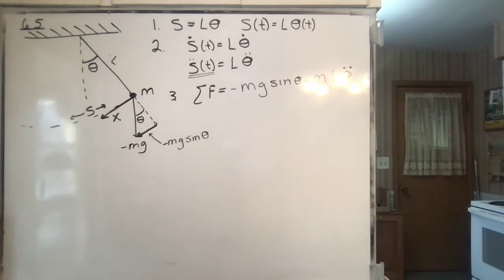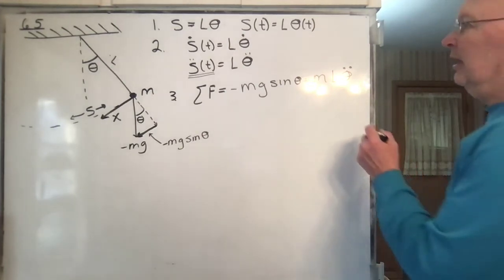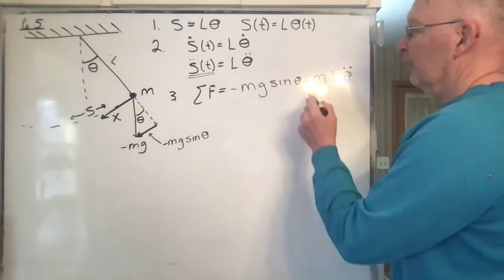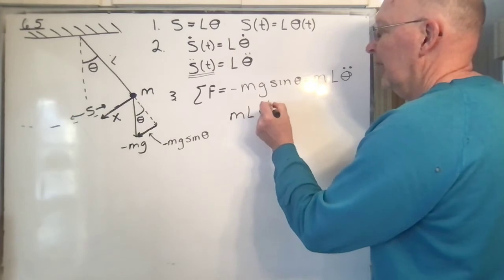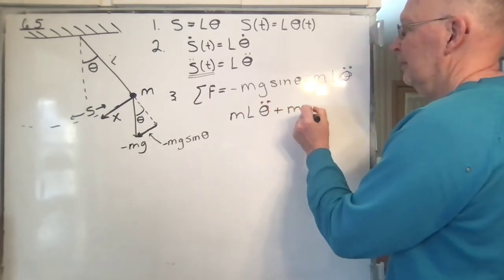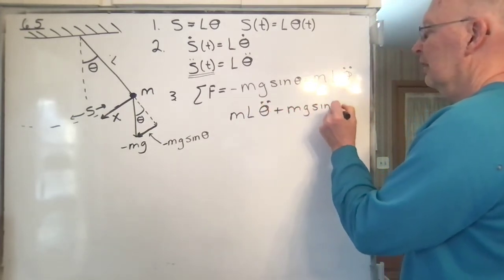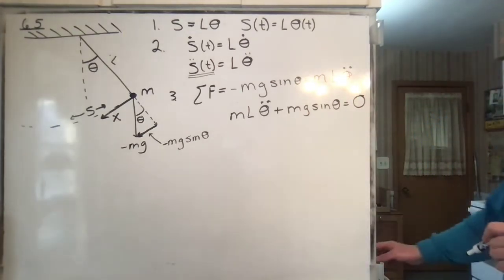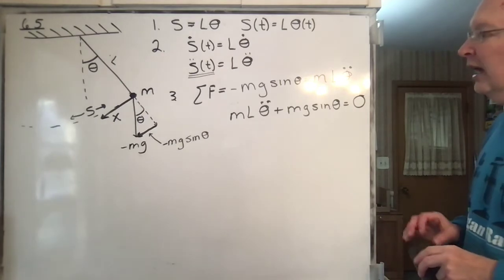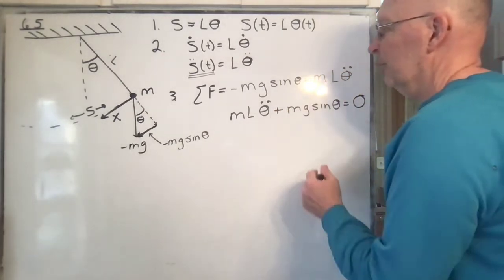So now where can we go from there? What can we do? We can bring this over to this side, and we get mL theta double prime plus mg sine theta is equal to 0. And then we might as well divide through by mL.